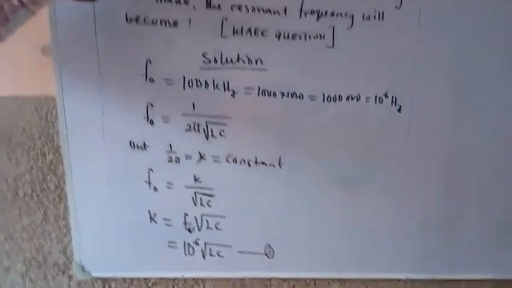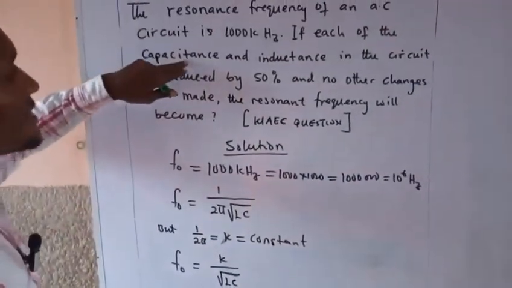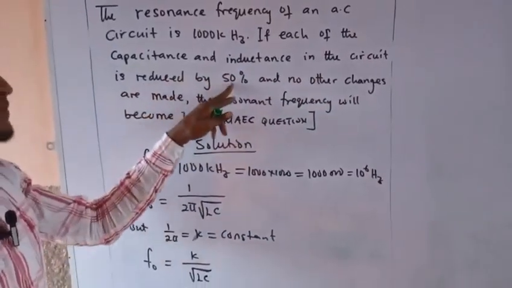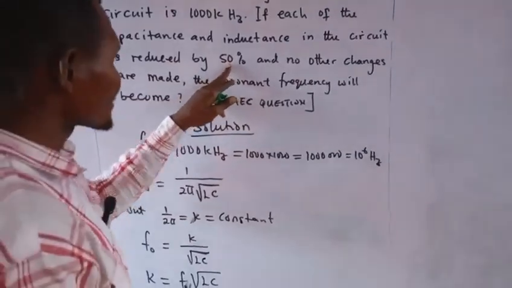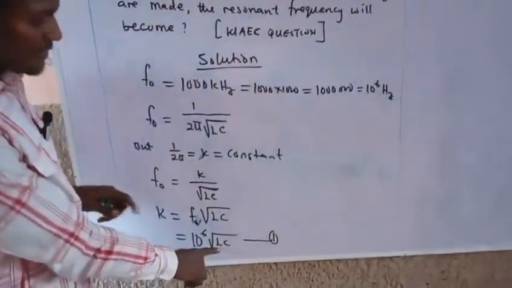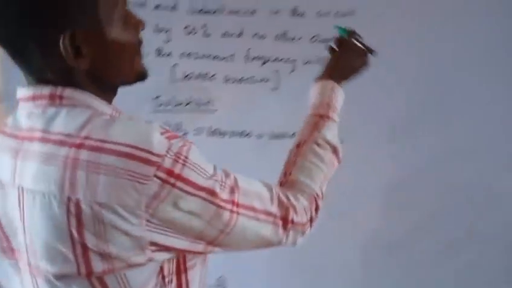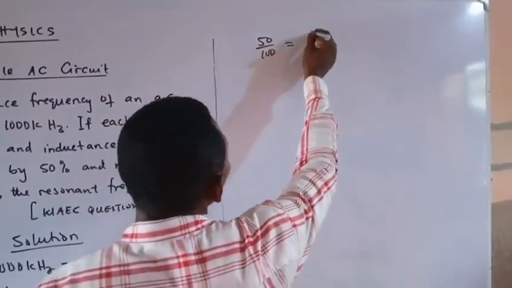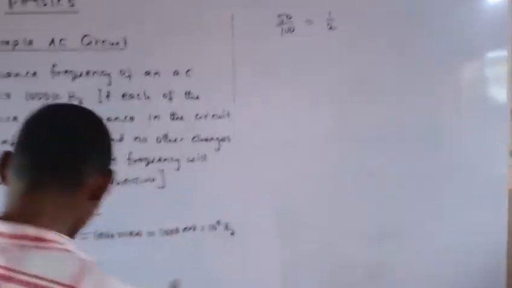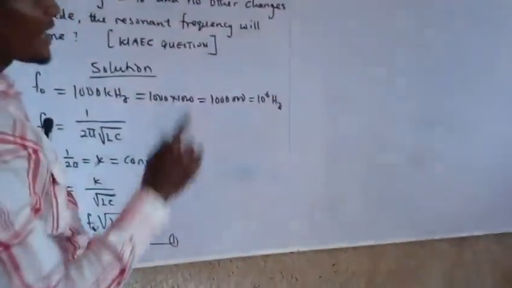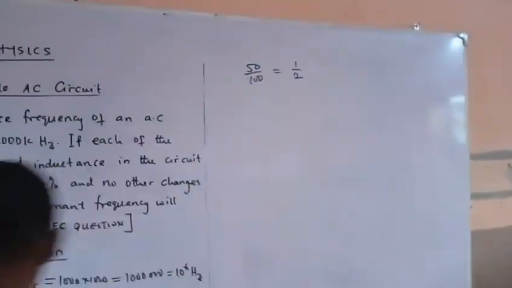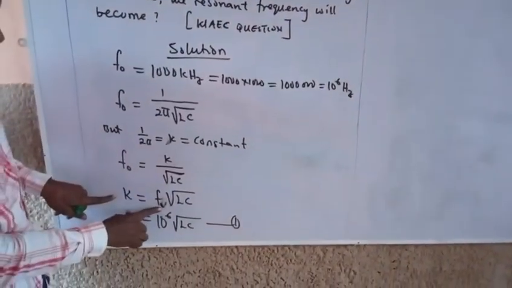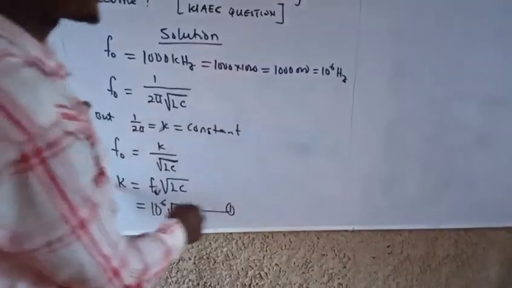Now for the second statement that says the capacitance and the inductance in the circuit are reduced by 50%. It means that each one can be over 2. That 50% is 50 over 100, and that will be 1 over 2. So now the capacitance and the inductance are reduced by half. So we can use the same equation where we say that K is equal to F0 times the square root of LC.